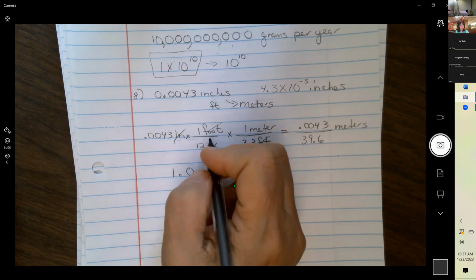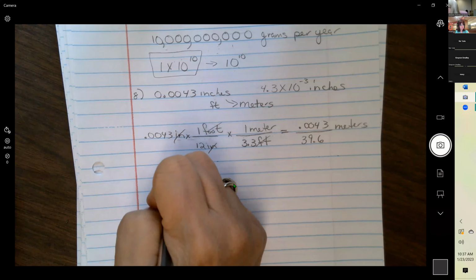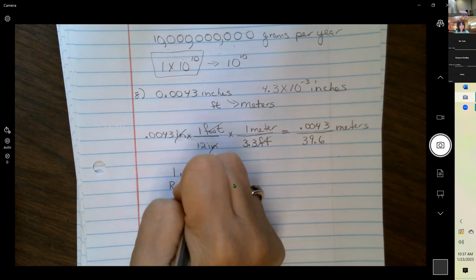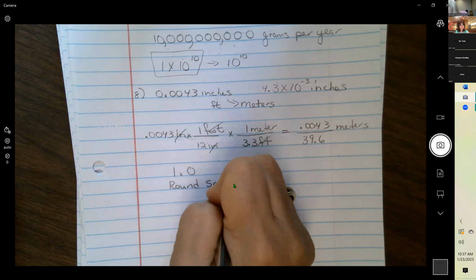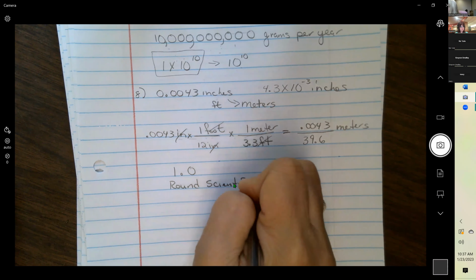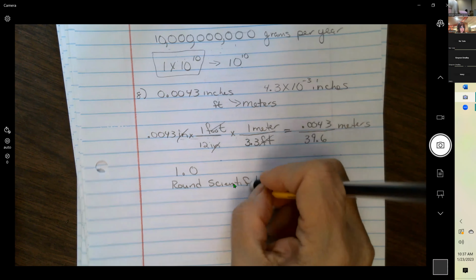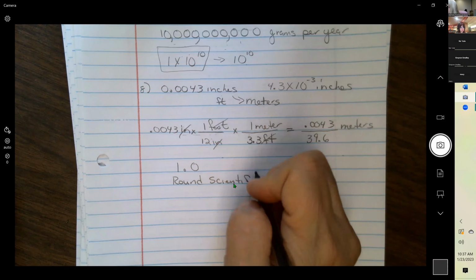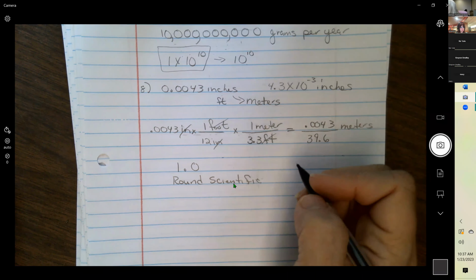1.0. Round the scientific notation to the 100th.